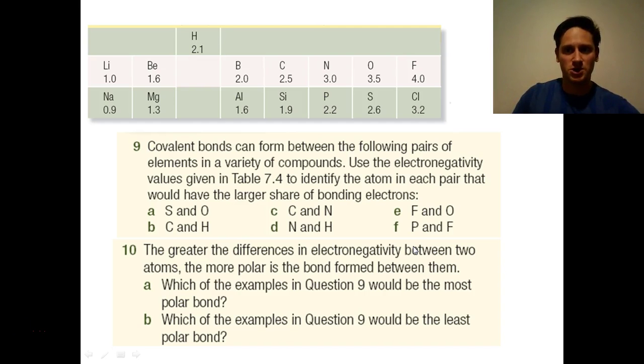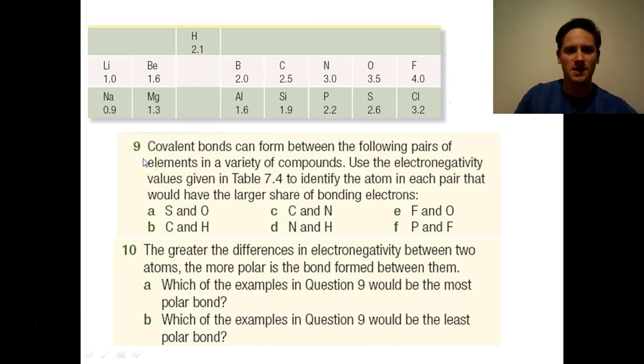So here we have a few questions based on electronegativity. The table at the top has a few different elements with numbers to represent electronegativity. So the electronegativity of fluorine is 4.0, and then you've got other numbers representing electronegativity values. The numbers are arbitrary, there are no units associated with them.